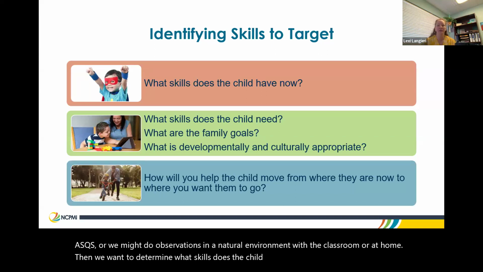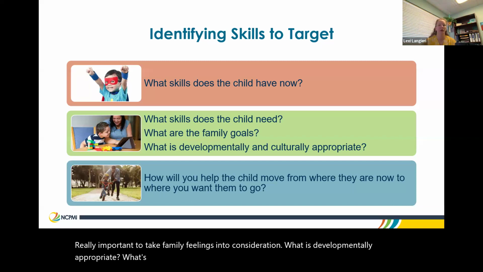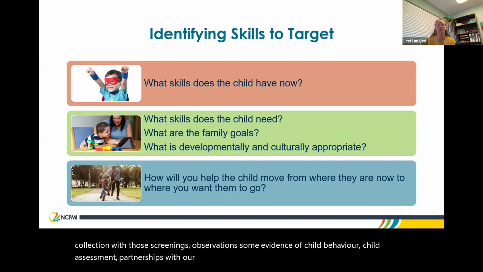What are the family's goals for their child? It's really important to take family feelings into consideration. What is developmentally appropriate? What's culturally appropriate? And again, this is going to come through data collection with those screenings, observations, some evidence of child behavior, child assessment, partnerships with our families, family interviews, and discussions about cultural norms.